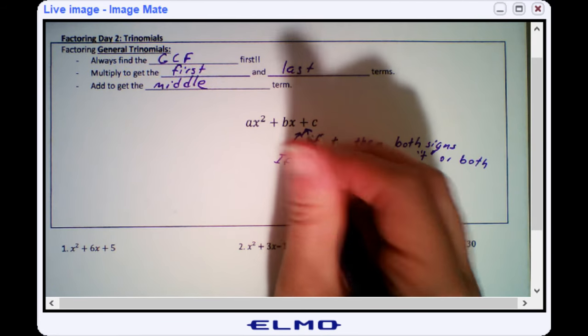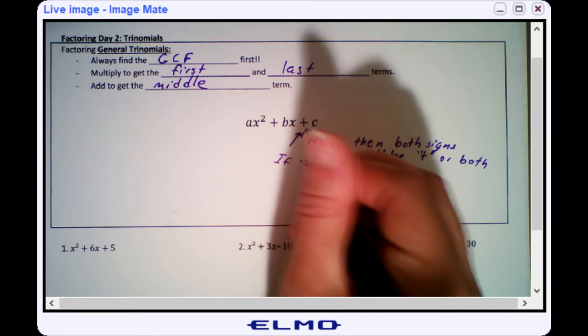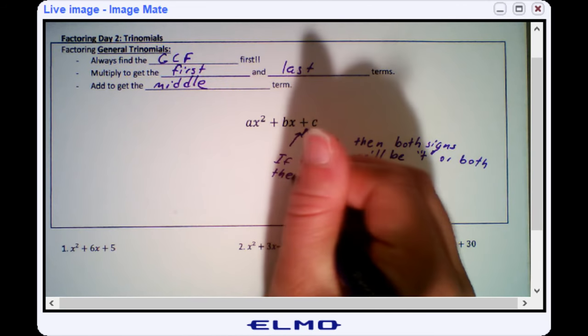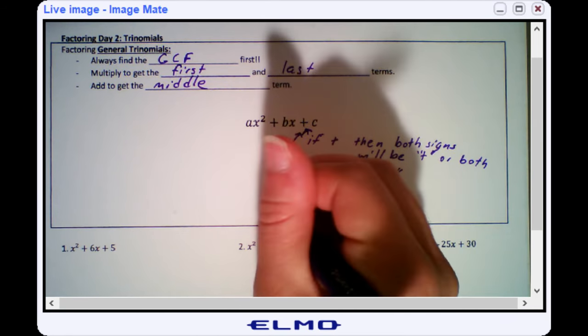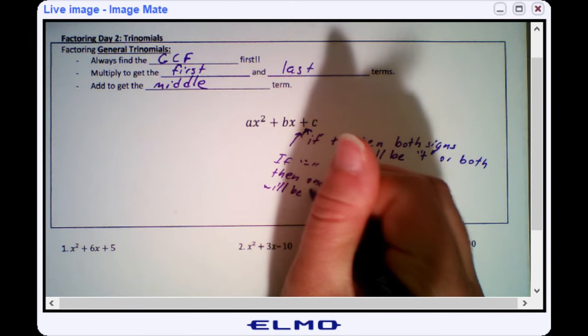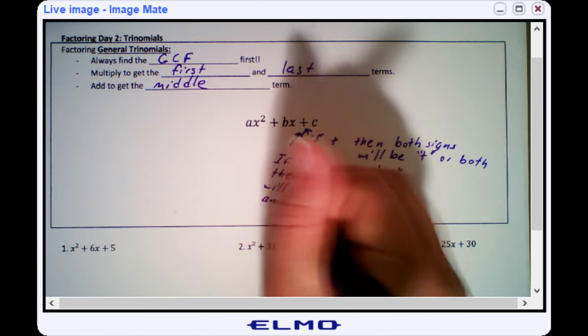If that last sign is negative, then one will be positive and the other will be negative.